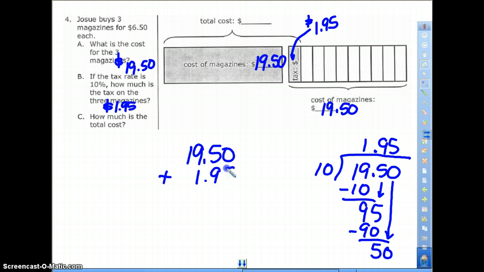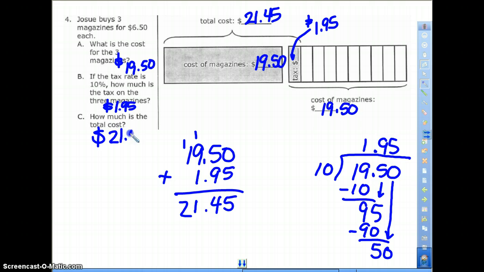Yep, tax is always added on. Is that what you guys got? $21.45. Yep, that's what I got. $21.45. Let's go look at the next one.